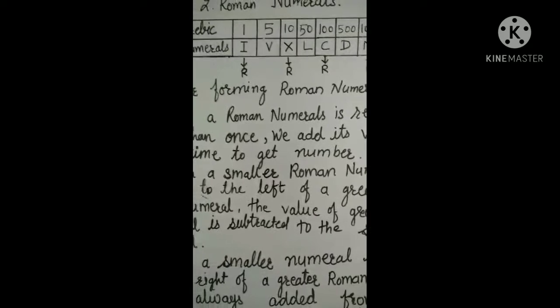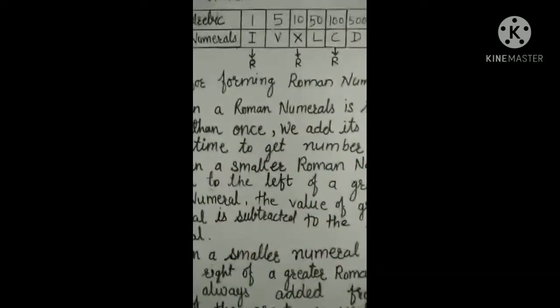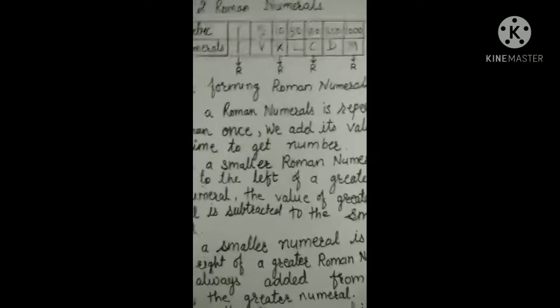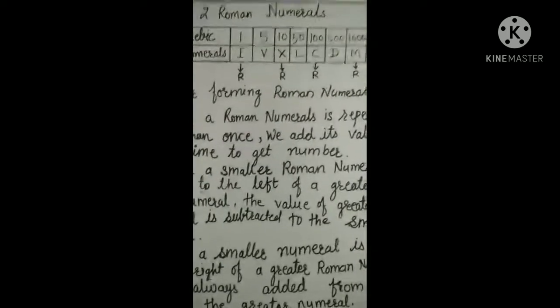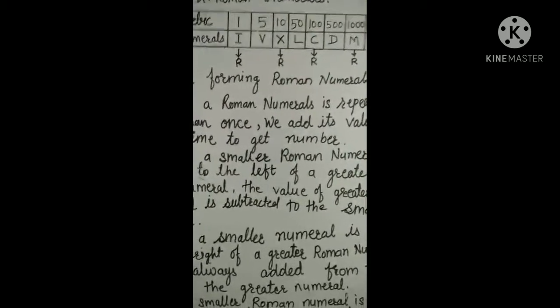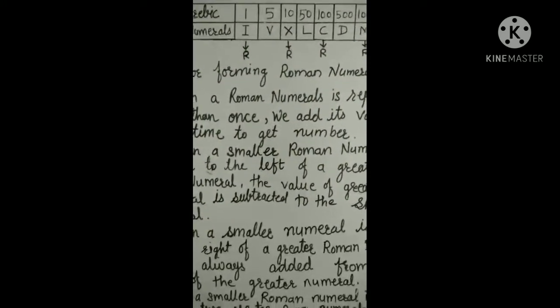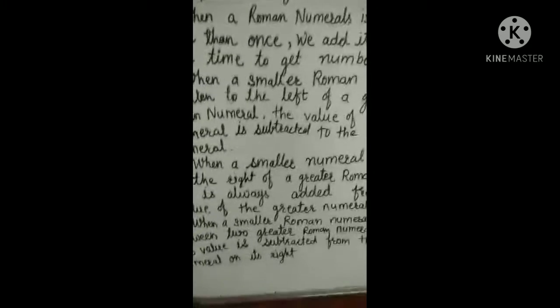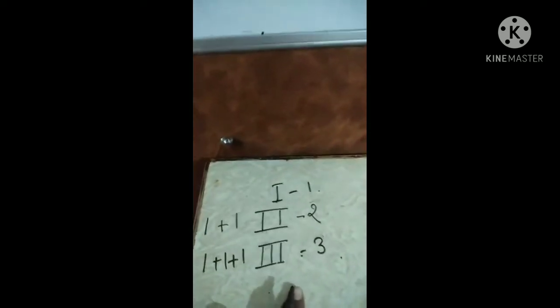Please students, note down that when we repeat these symbols, we can repeat them up to 3 times. We can't repeat it for the 4th time. That's why I could repeat the I up to 3 times only.